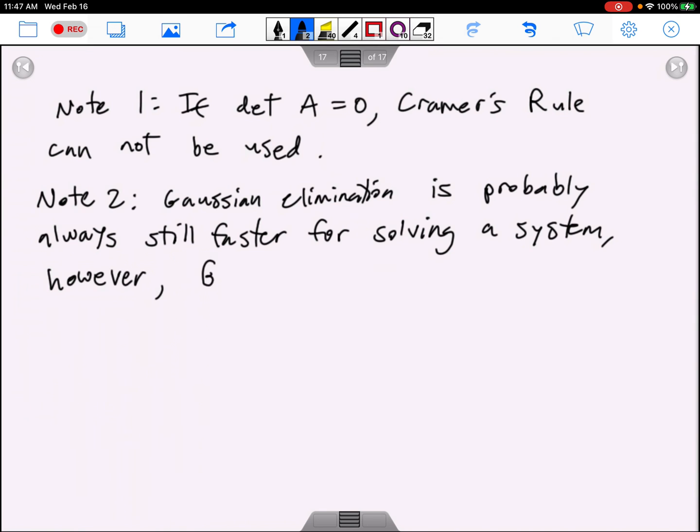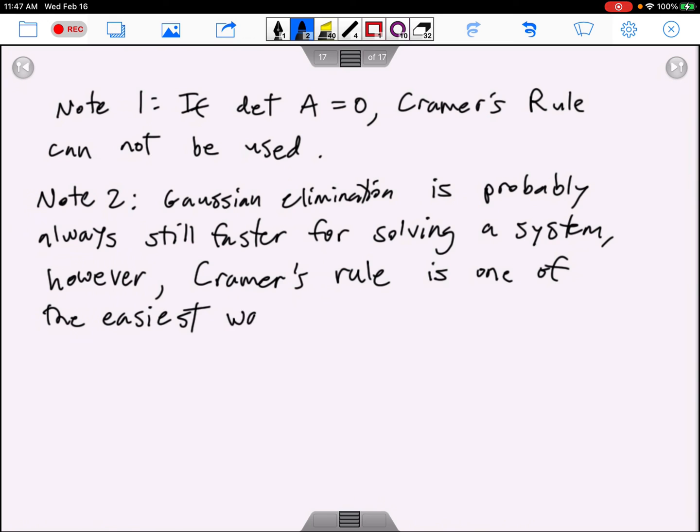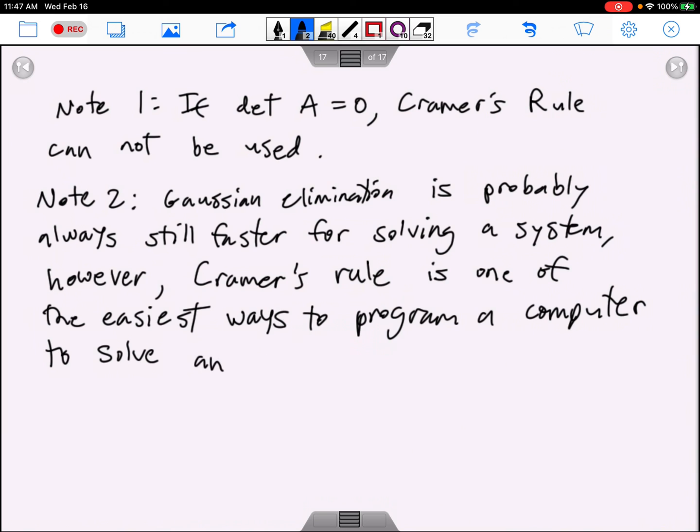However, Cramer's rule is one of the easiest ways to program a computer to solve an n by n system with a unique solution.